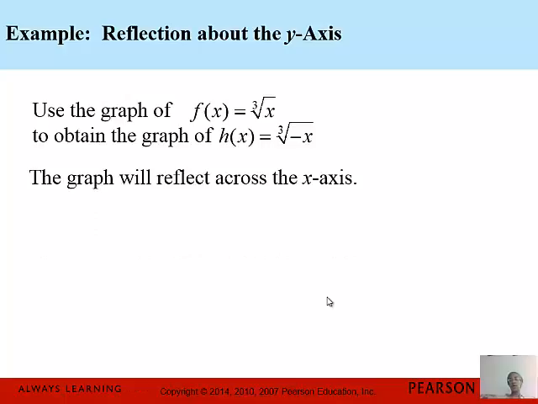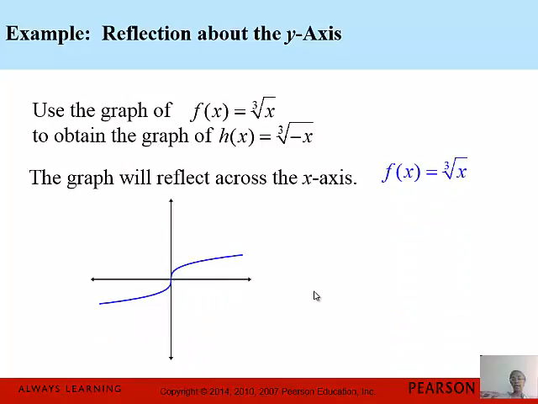Now the graph will reflect across the x-axis, and that's what we just talked about. When you change the input by multiplying it by negative 1, you reflect across the x-axis.